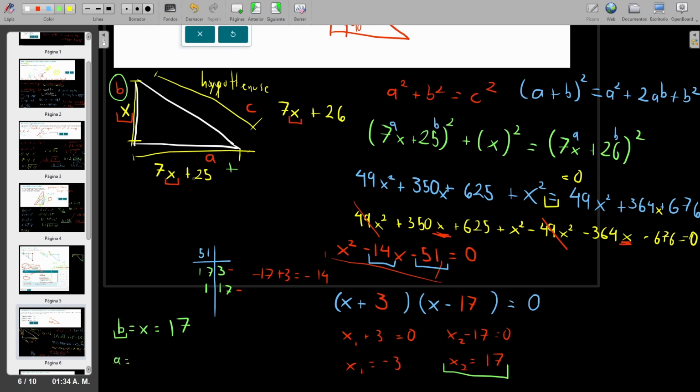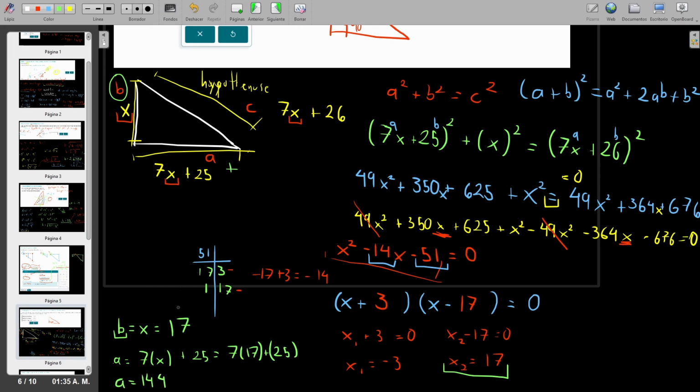Now we take for a. A is going to be how much? 7 times x plus 25. So it's going to be 7 times 17 plus 25, right? If we do this operation, it's going to be 7 times 17. Now that plus 25 is going to give us the value of A of 144, okay?